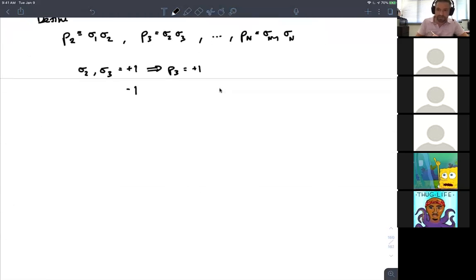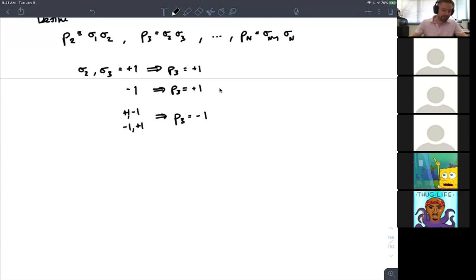If they're both pointing down, they're both minus 1, you will still get P3 equal to plus 1. It's only if the spin flips from sigma 2 to sigma 3 in either direction that, and only then, does P3 equal minus 1. So in other words, what this P variable indicates is whether or not the spin is flipping at that site.